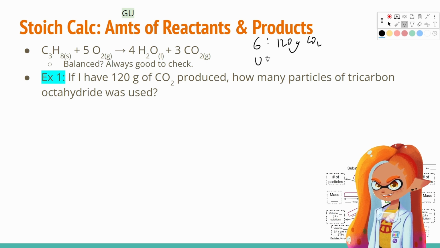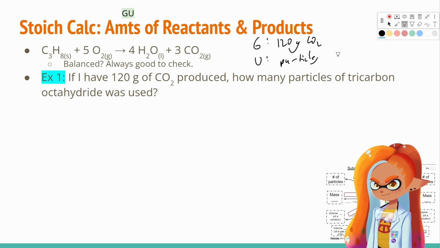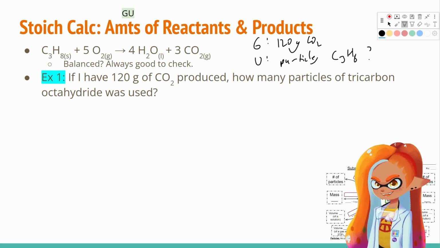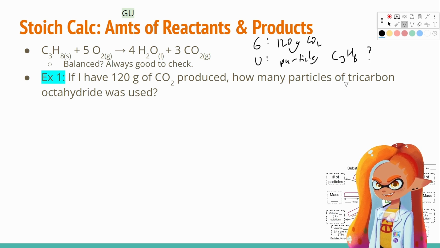My unknown is particles of tricarbon octahydride. Looking at this equation, I can find tricarbon, that's this one, and octa, so it has to be C3H8. So I'm going to say C3H8, and that is our unknown. I'm going to go ahead and put a question mark there.